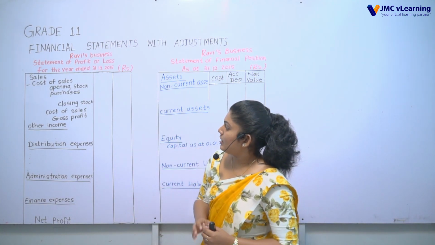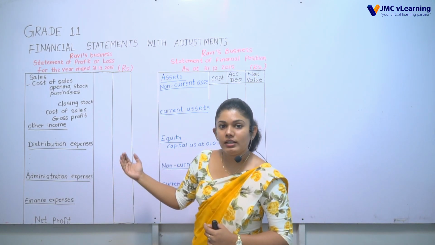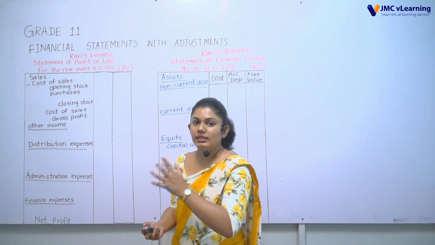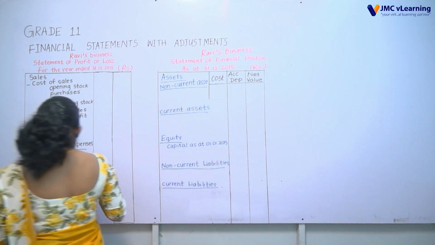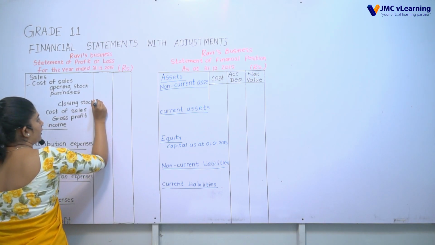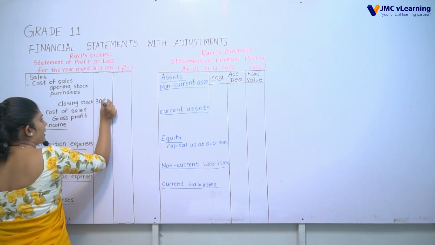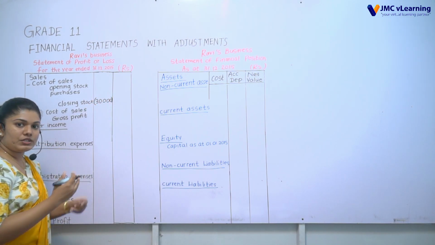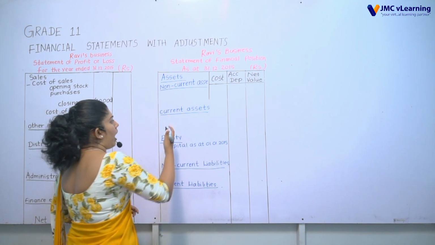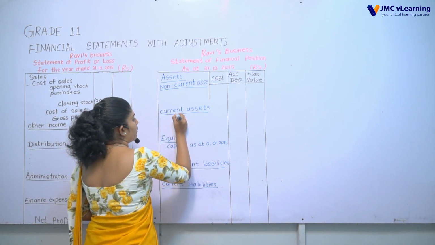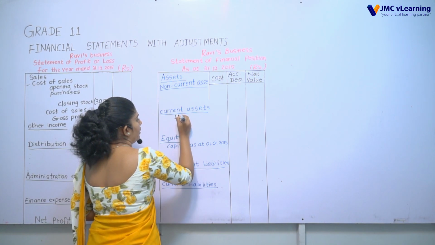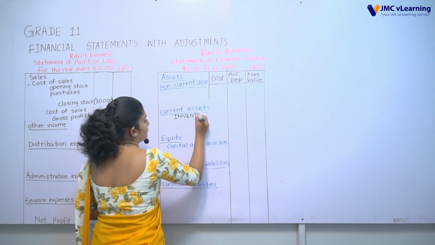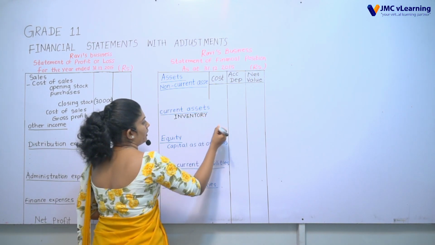So our first entry will be the closing stock, 30,000. You have to record this closing stock then and there. First we record it when calculating cost of sales, 30,000 within brackets because we are reducing that, and under current assets we record it as inventory, 30,000.